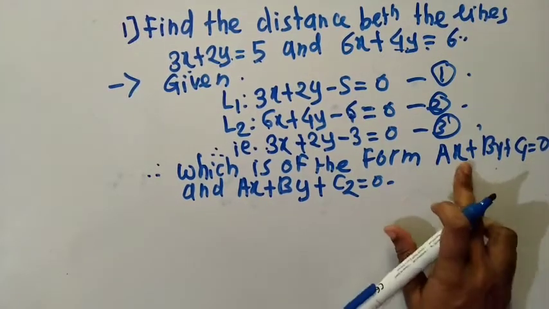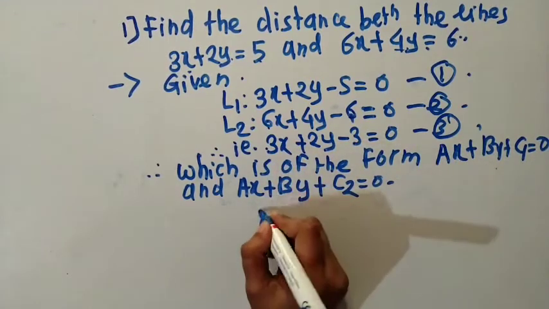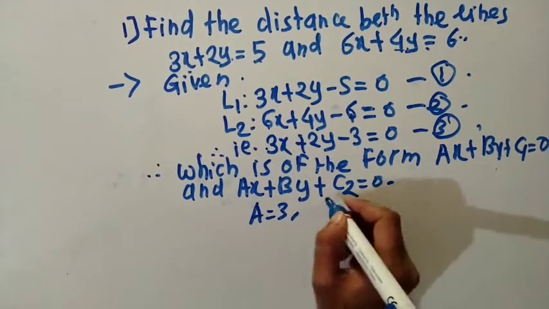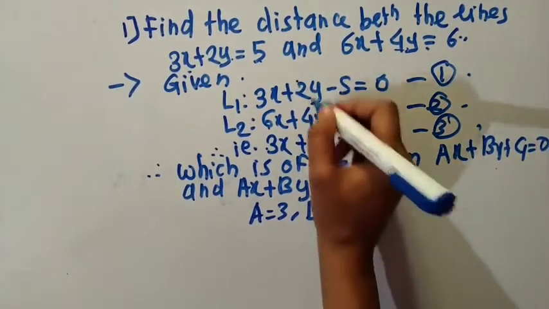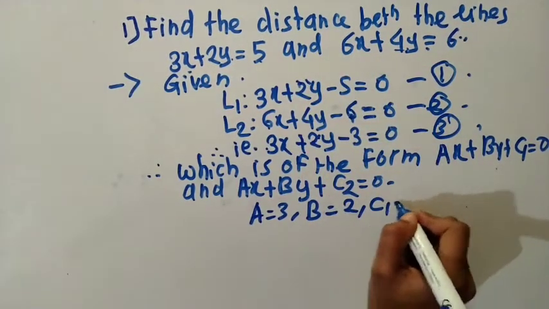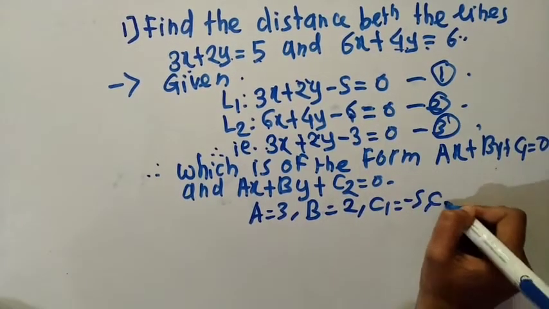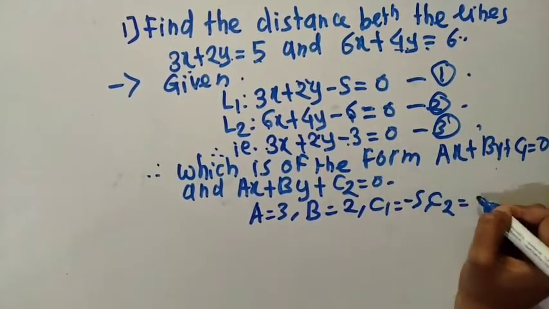Hence, comparing this equation with this, we get a is equal to 3, b is equal to 2 (the same in both), c1 is equal to -5 and c2 is equal to -3.